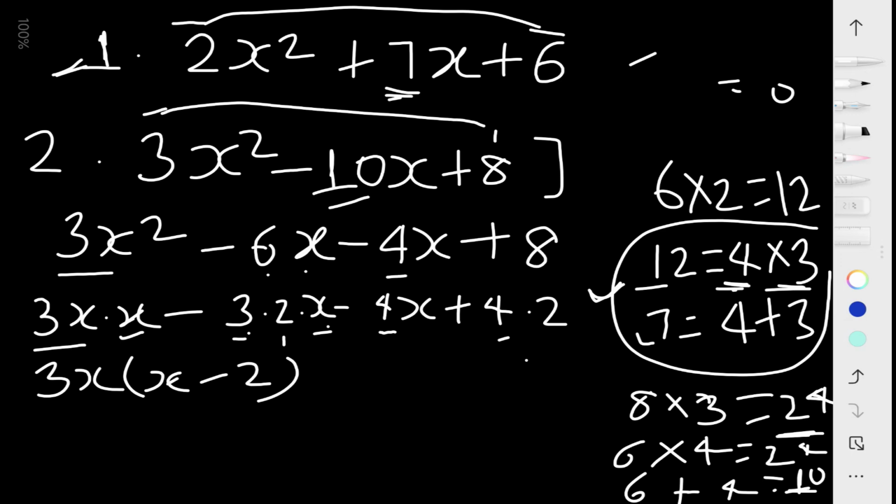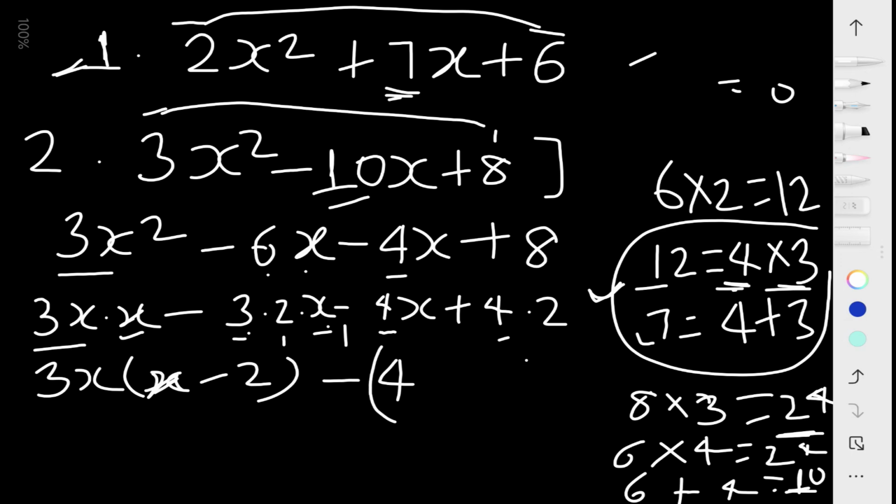Now it's finished. Then minus 4x, here the common is minus 4, because minus is also common.